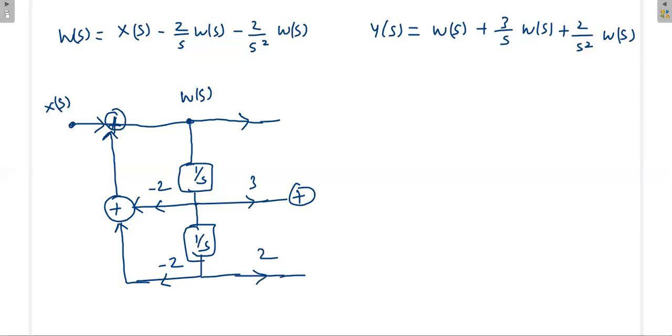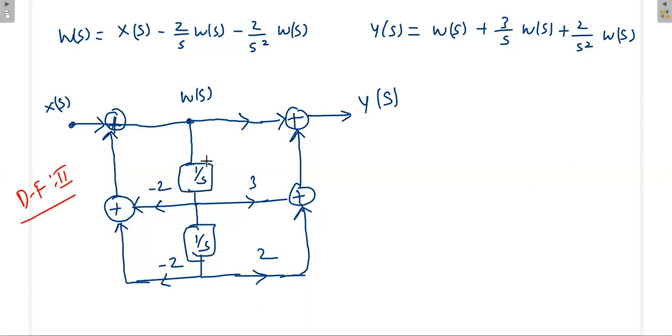Then you take this way, you add with this. Then finally you will be getting y of s. So this is the direct form 2 realization. Direct form 2 realization means we are using only two integrators, which are common to both the input as well as the output.